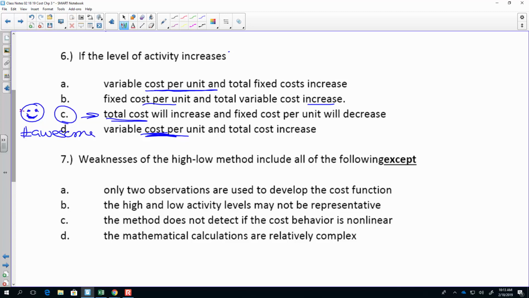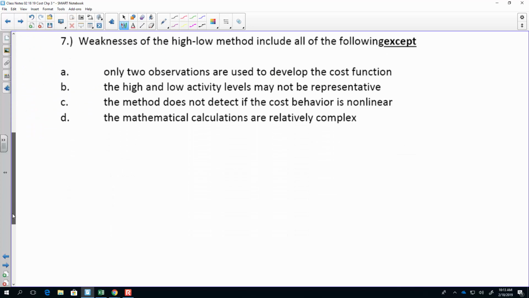Michelle. Okay, well, it's not A. It's not A. No. C. The method does not detect if the cost behavior is non-linear.